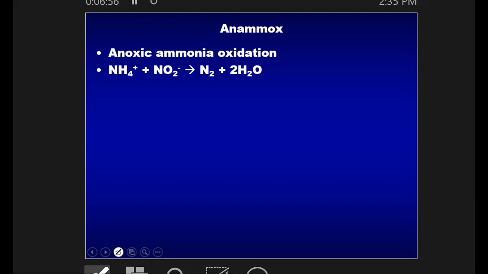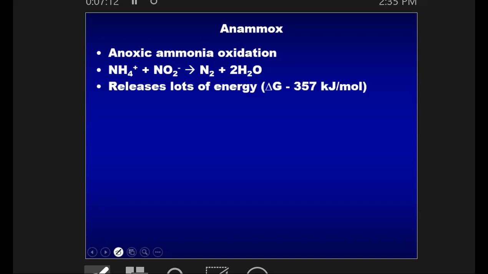So here's another process, and this one's pretty unique. So far anyways, they've only discovered a handful of microbes that can do this. But if you can do this, they've calculated the free energy that you get from running this reaction, and it's negative 307. What do you need for ATP? Negative what? Negative 31. Let's go with what the book says. Negative 31.